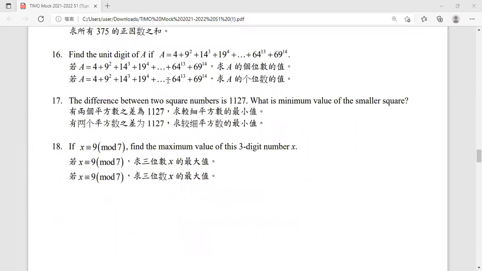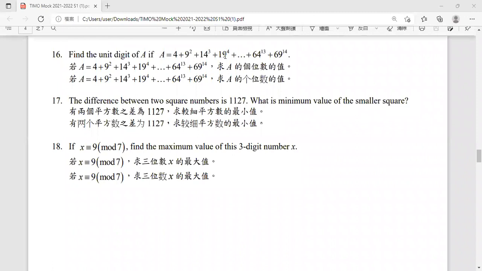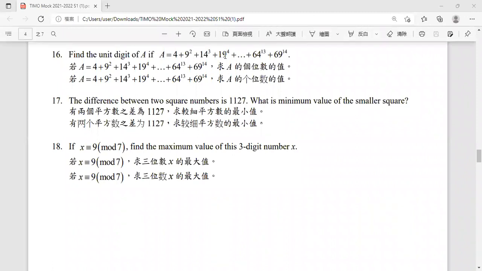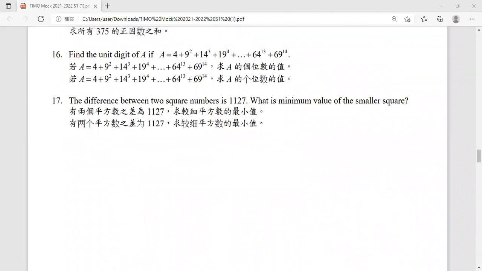Next one, 17. The difference between two square numbers is 1127. What is the minimum value of the smaller square? Now let's see. Some of you have given me the answer, but I will go through it.